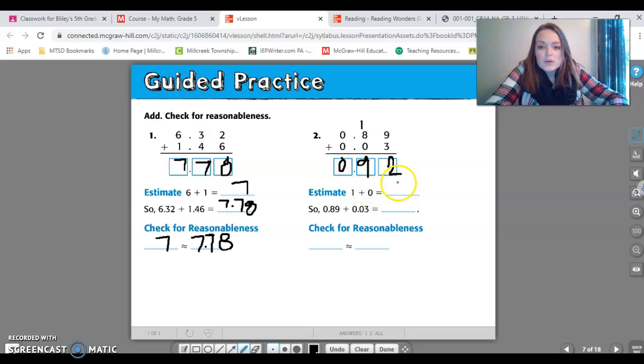Estimate: 1 plus 0 is 1. We know that 89 hundredths plus 3 hundredths gives me 92 hundredths. Is 1 similar to 92 hundredths? Yes, it is 8 hundredths away. We are okay to move on to the next problem.